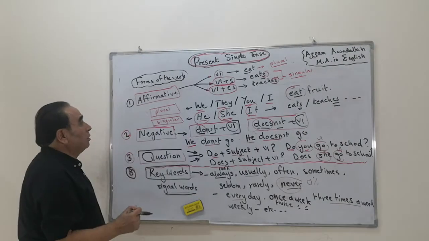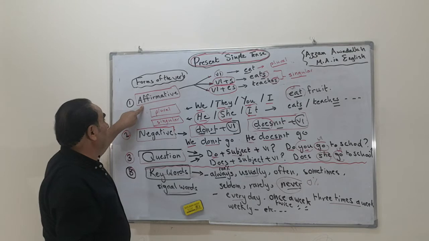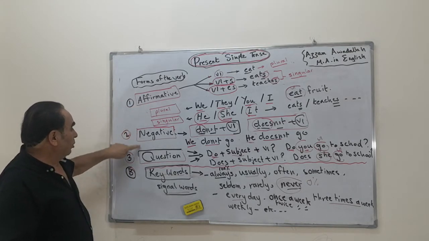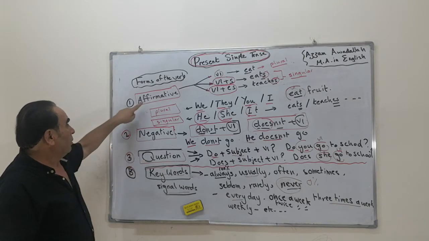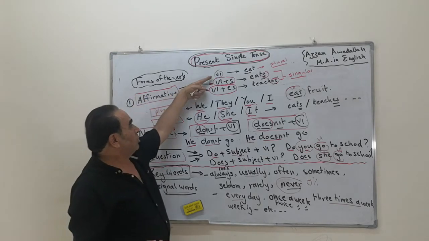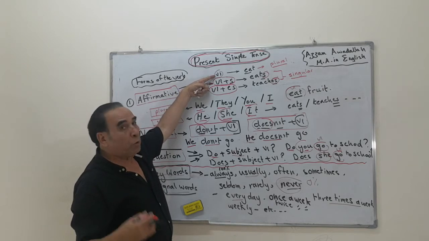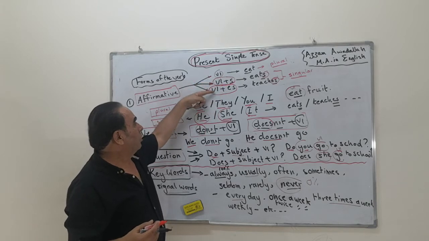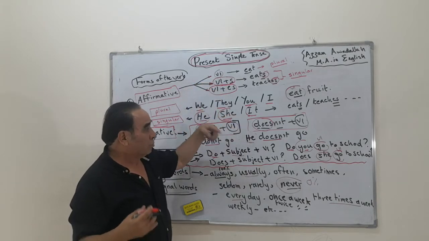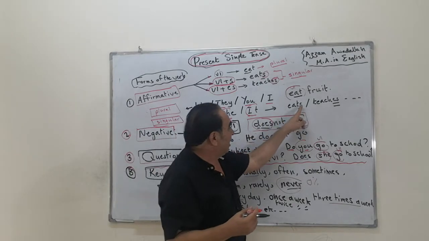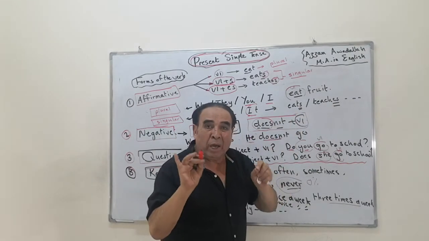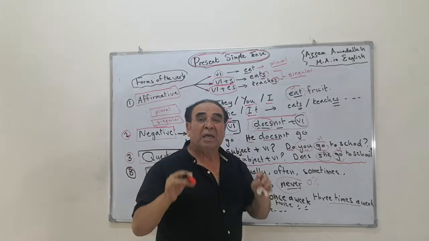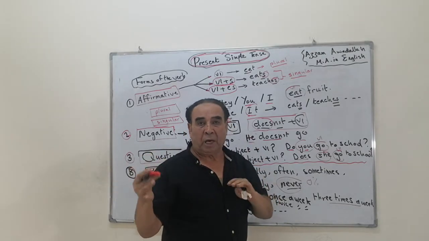So the present simple, the student should know the three forms: the affirmative, the negative, and the question. The affirmative has three forms. Verb 1 with the plural pronouns we, you, they, and I. Verb 1 plus s and verb 1 plus es with he, she, it. This s or es makes the verb singular, so it needs a singular pronoun or noun.